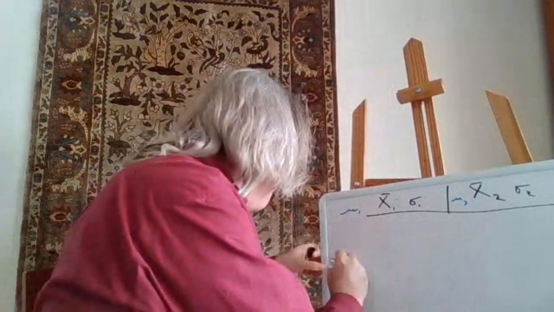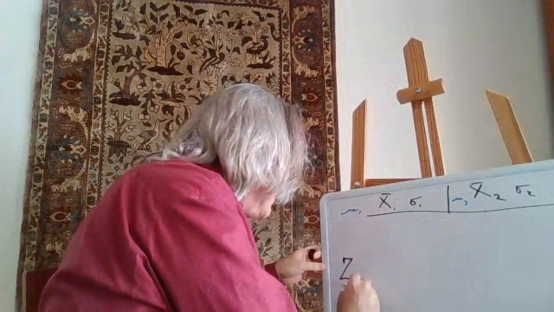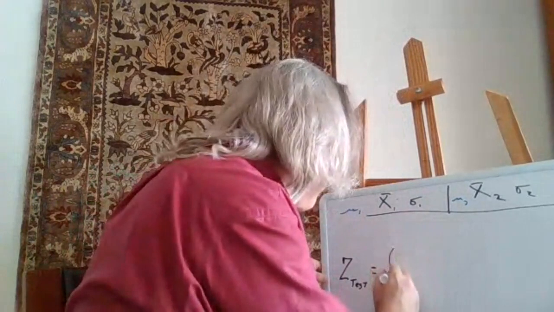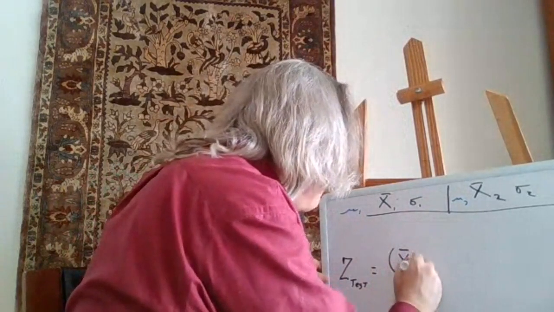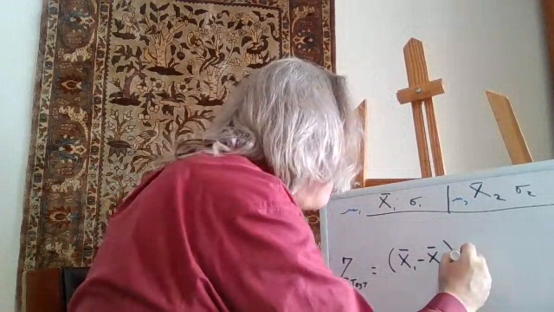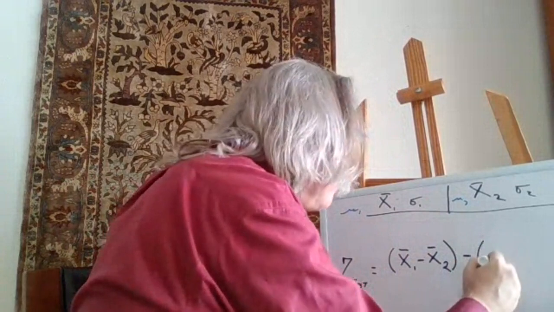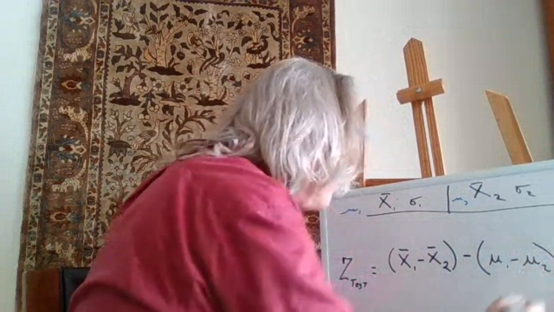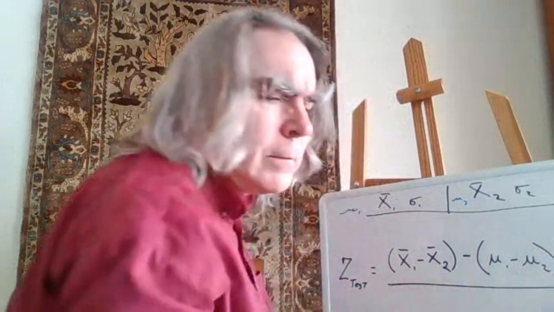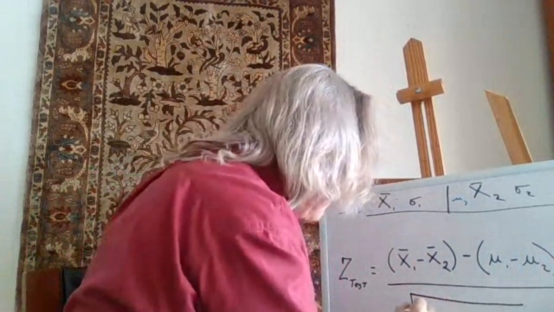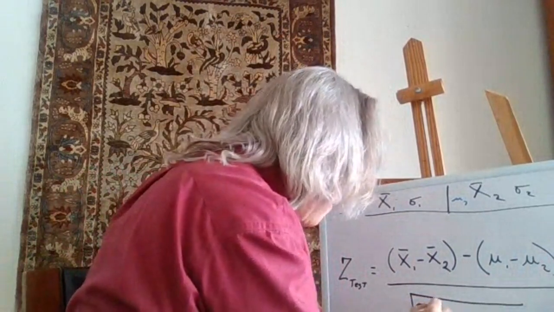The Z-test formula, test statistic, equals, okay, x bar 1 minus x bar 2 minus sigma 1 squared.